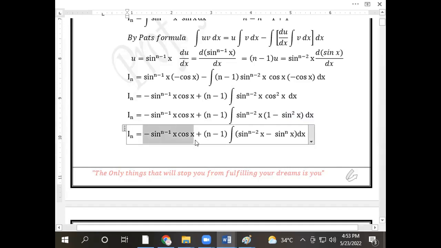The first term remains as it is, n minus 1 remains as it is. This sine into 1 becomes sine raised to n minus 2 of x, and again sine raised to n minus 2 x into sine raised to 2 x becomes sine raised to n of x dx.